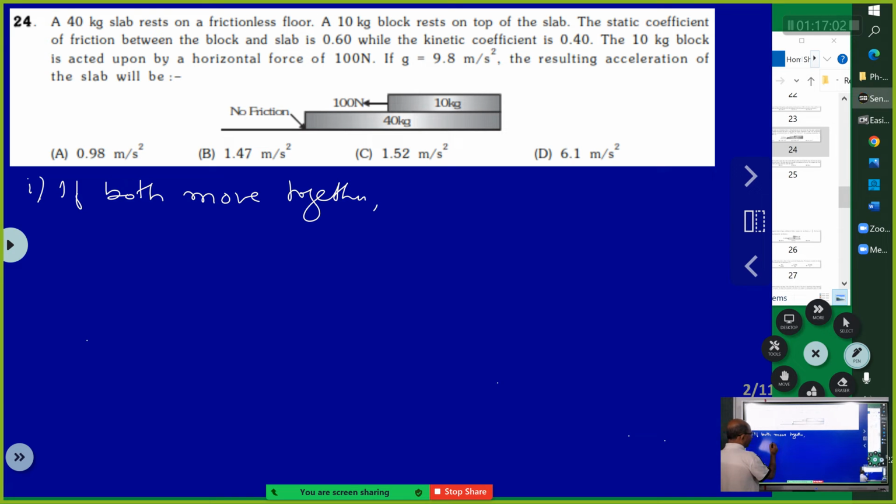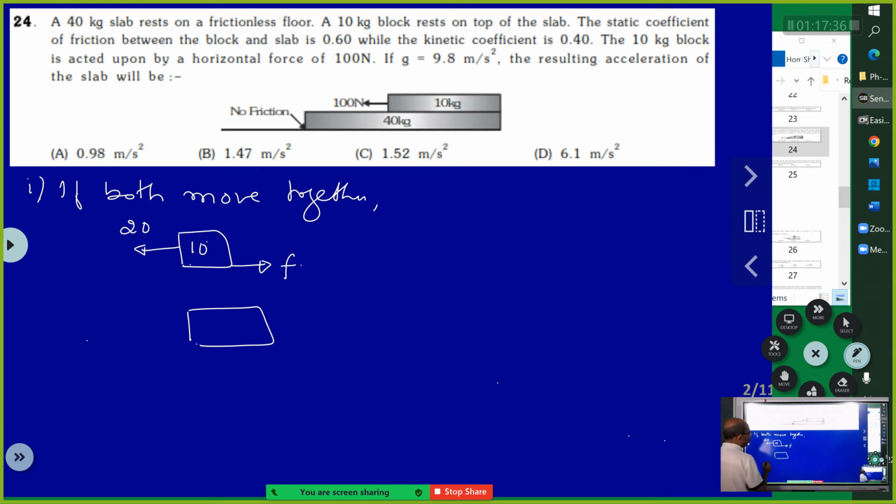The block diagram will be that for the 10 kg, the force acting will be 20 Newton, and since this is trying to move like this against the 40 kg, the frictional force on this will be in this direction.